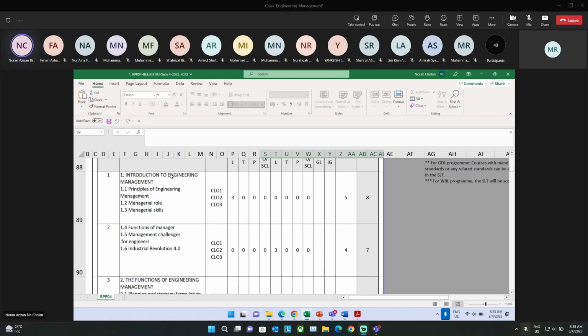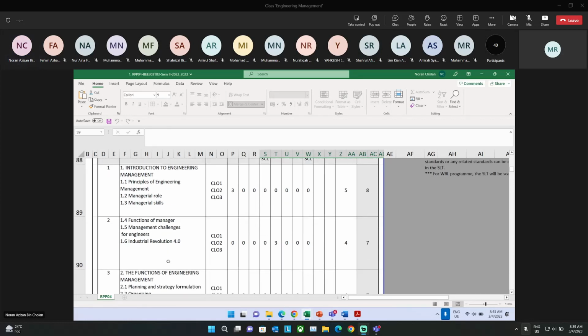What is engineering management? What is the role? What are the skills required? Functions of manager, management challenges, and Industrial Revolution 4.0. If not covered this week, we'll bring it to next week. The introduction is basically to show the importance and give motivation for us to learn about engineering management.